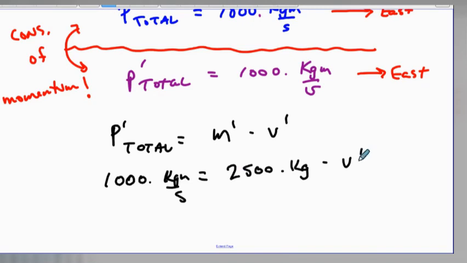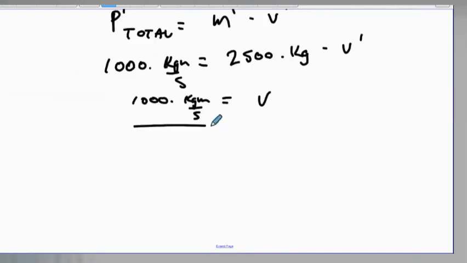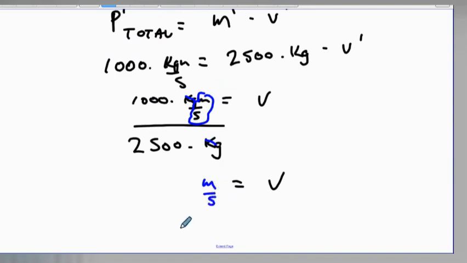Remember, this prime isn't like an exponent; it's just a symbol to say after the collision. So our velocity is 1,000 kilogram meters per second divided by 2,500 kilograms. Looking at my units, the kilograms on top and bottom cancel, leaving meters per second. And remember, don't forget to give your direction: it's moving east.